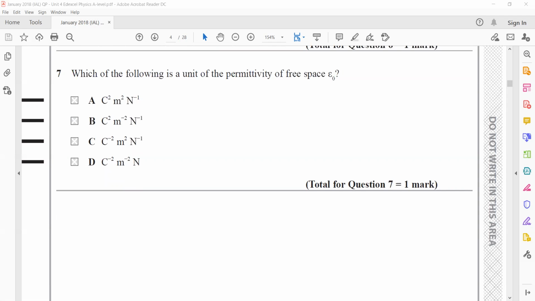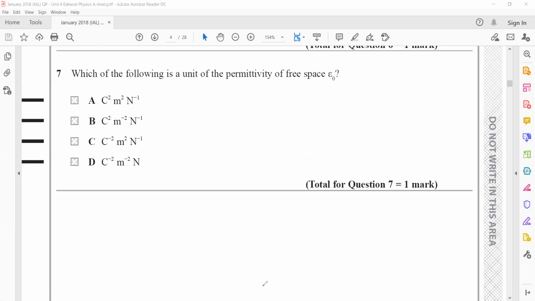Which of the following is a unit of permittivity of the free space? Like how much free space allows? So we have this formula. This is related to Coulomb's law.